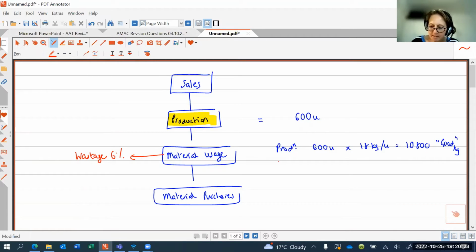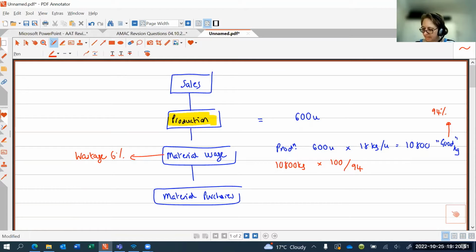So what I'd be tempted to do here then, to gross that up, is to take my 10,800 kilograms and I would multiply by the 100 and divide by 94. And in doing that, I'm basically recognizing that these good kilograms represent 94% of what I started with. 6% was wasted.